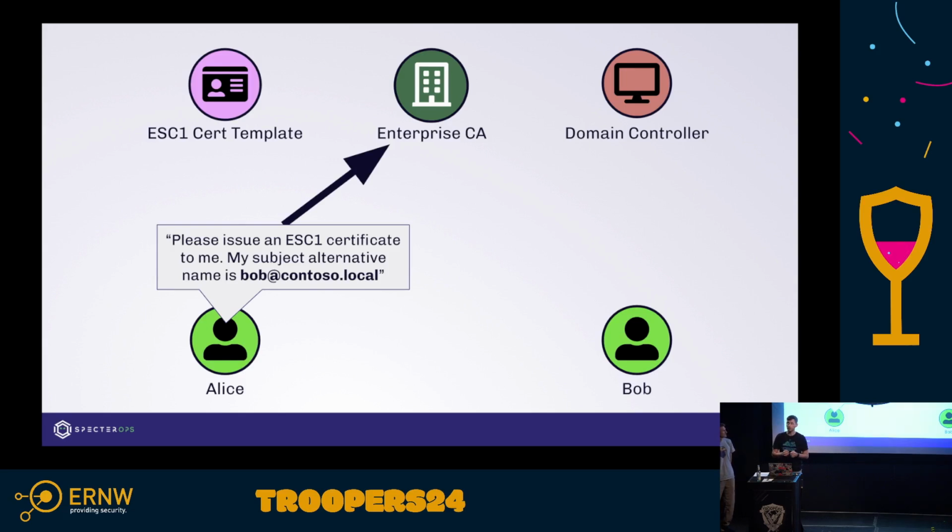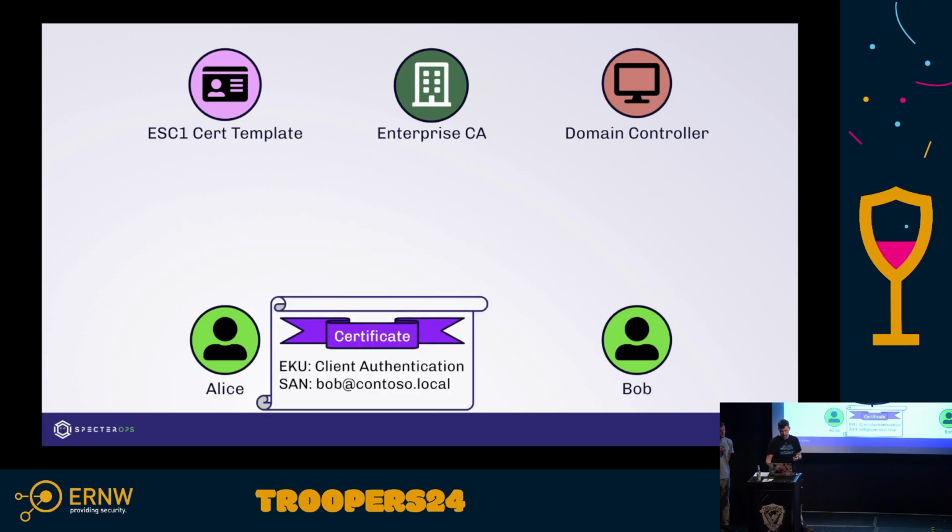The security reference monitor on the host that hosts the CA service will check several different security descriptors to see whether Alice can do this. If she can, the CA will issue this certificate valid for authentication back to Alice. Critically, the certificate needs to have an EKU that is valid for NT authentication, and there are several of those that are valid.